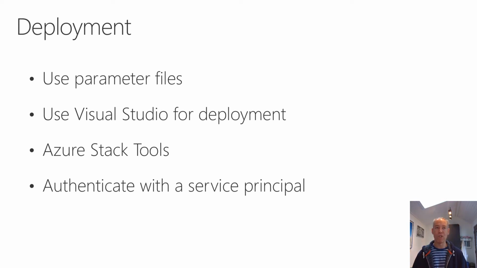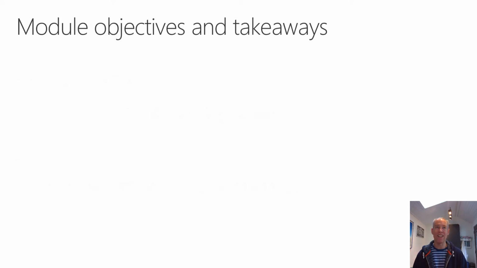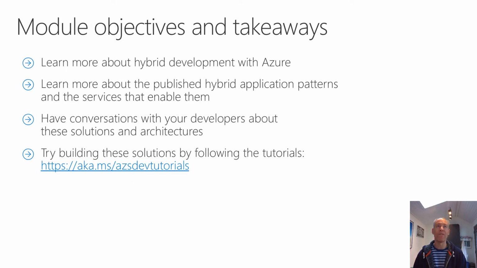So you may be using other tools beyond just Visual Studio, but it's a good place to start if you're just looking at hybrid scenarios for the first time. You'll be familiar with the Azure Stack tools from some of the earlier modules. You'll be using that. And authenticating with a service principal means that you can point at multiple clouds and still use one Azure API for it all to be glued together.